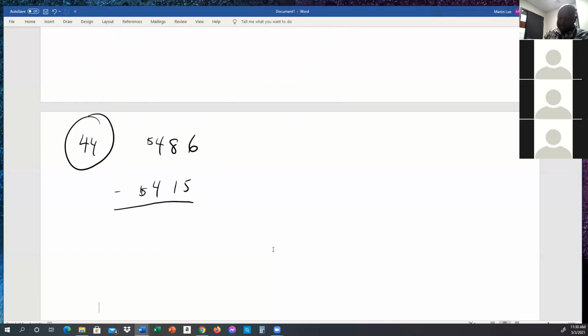So we get 486 minus 415. That gives us $71. So the higher price stove is $71 greater.